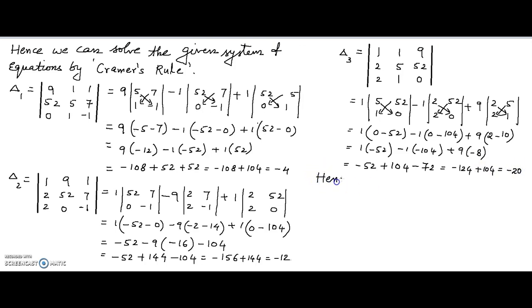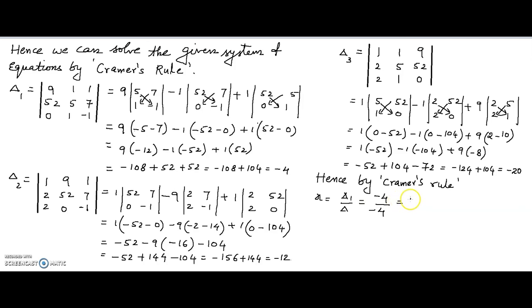Hence, by Cramer's rule, we can write x is equals to delta 1 by delta. Delta 1 we got is minus 4. Remember, delta is determinant of A, that is also minus 4.